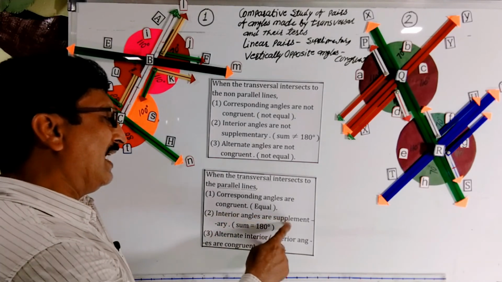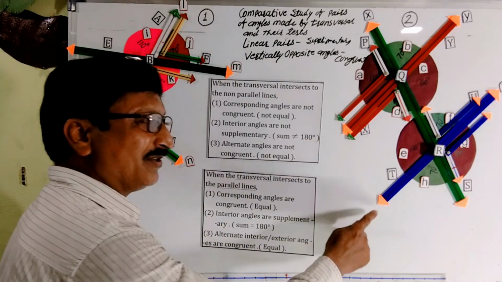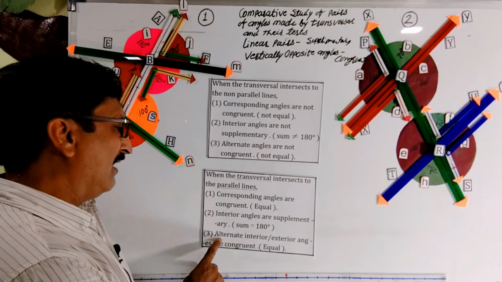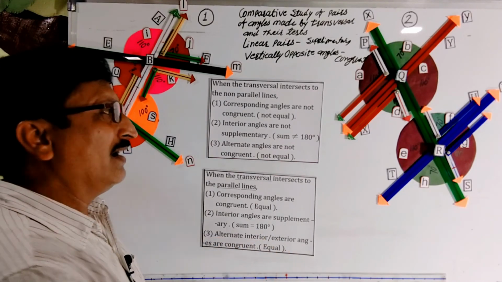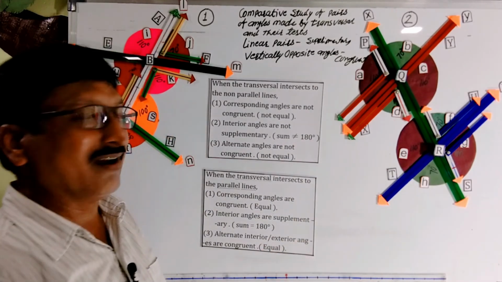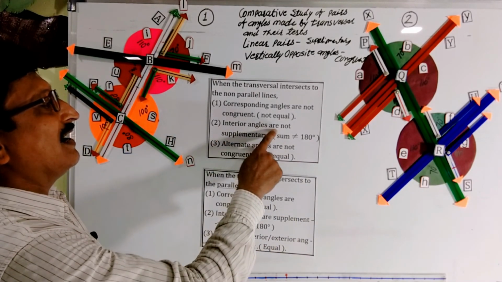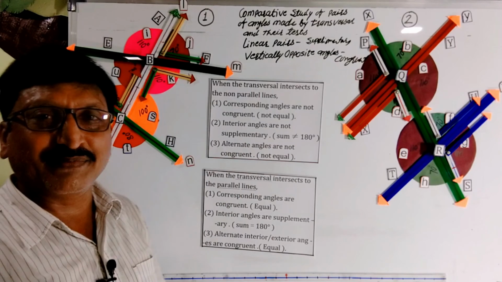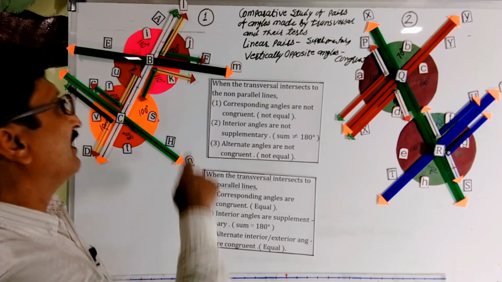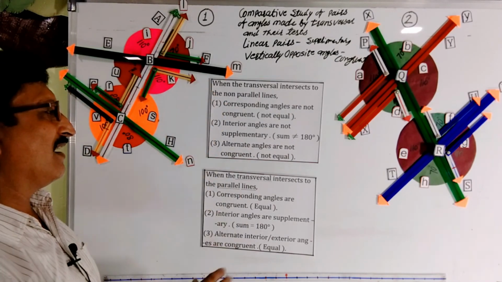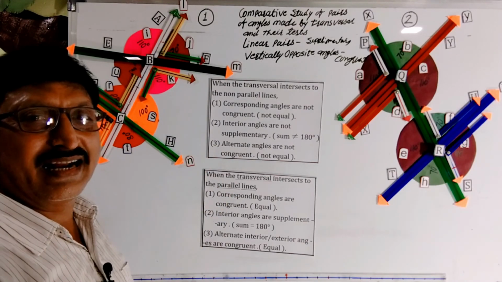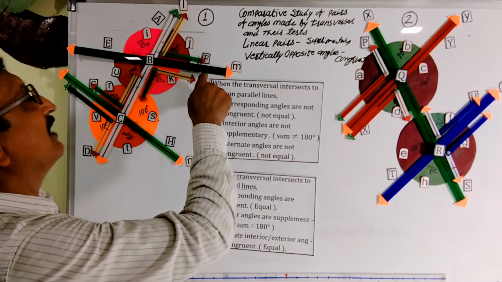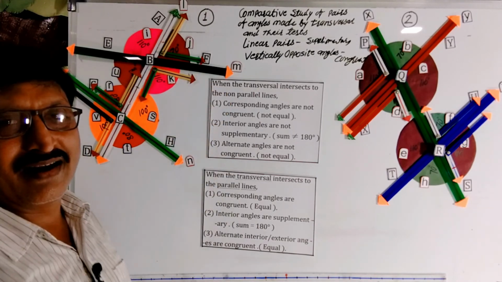Similarly, if interior angles are supplementary, then also the lines are parallel, and if the alternate interior or exterior angles are congruent, then again these lines are parallel. Whenever interior angles are not supplementary, that means their sum is not 180 degrees, then these lines are not parallel. Similarly, if alternate interior or exterior angles are not congruent, then also these lines are not parallel.